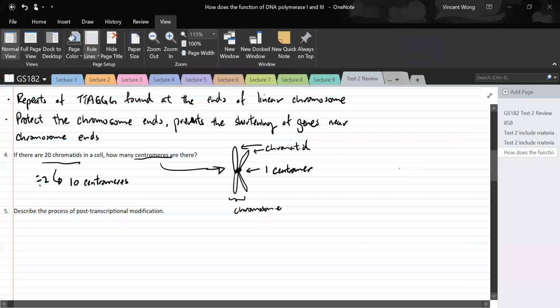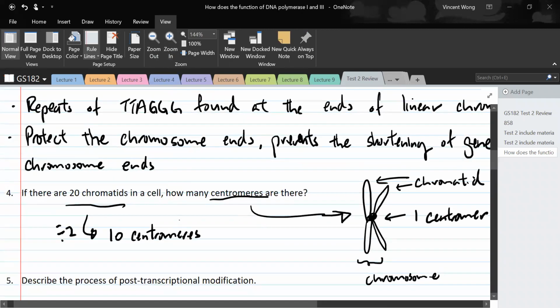If they get pulled apart and are moving towards opposite sides, then we would just call them chromosomes now. We don't call them chromatids anymore, because sister chromatids are only chromatids when they're adjoined together. Gotcha. Okay. Thank you. Yeah, good question.